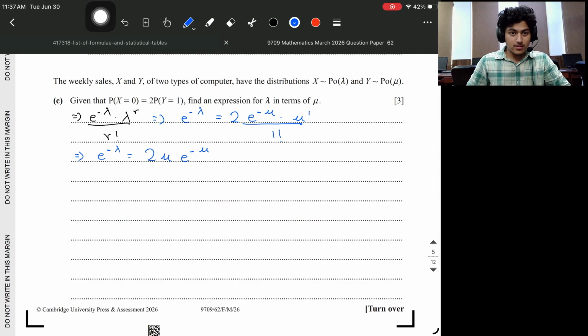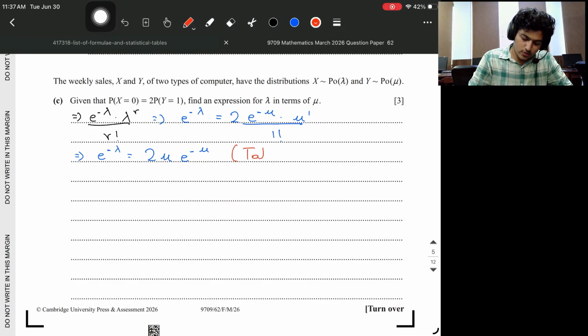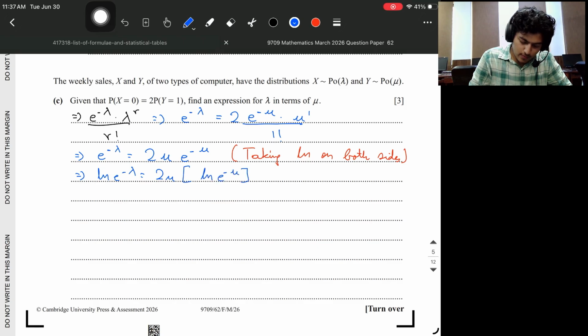Now simplifying this, we take logs on both sides, or rather I like to use the natural logarithm, so taking ln on both sides. We have ln of e to the minus lambda equals 2 mu ln of e to the minus mu.